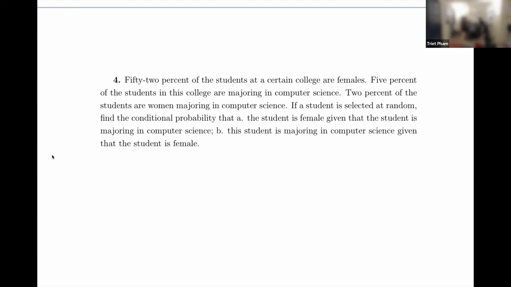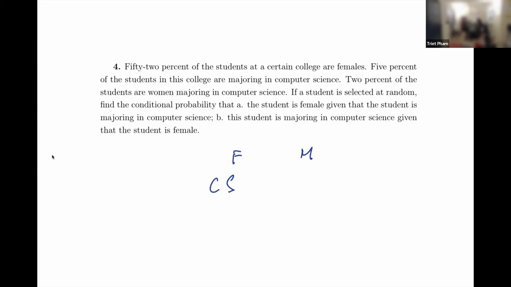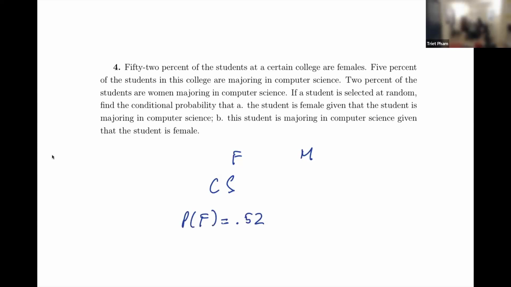Okay. So again, this is one of those where you just have to parse the statements and the questions. So what do we have? We have females and males, I guess that's the first thing. And then we have CS. Let's see, 52% are female, so P of F is 0.52.